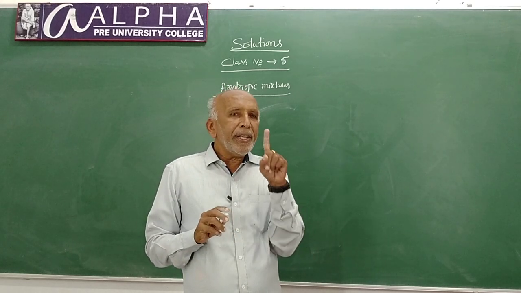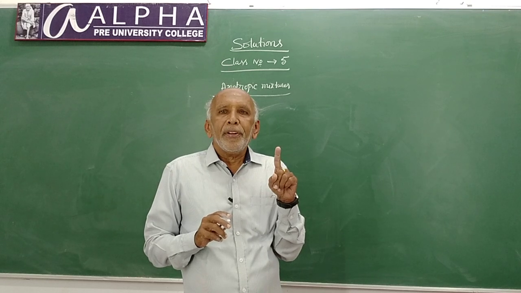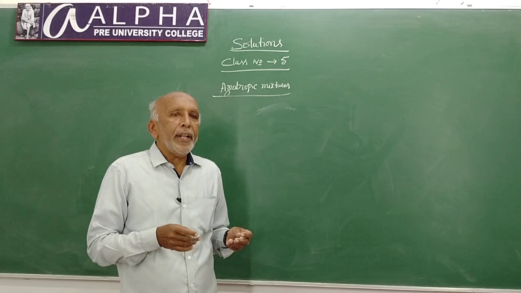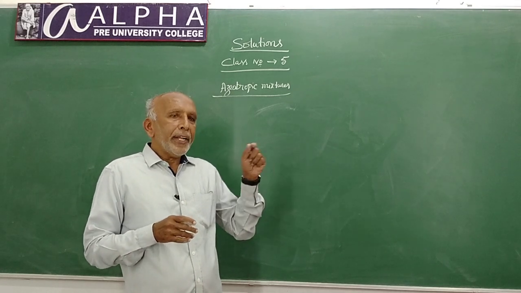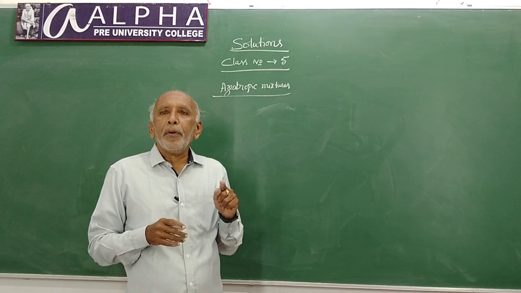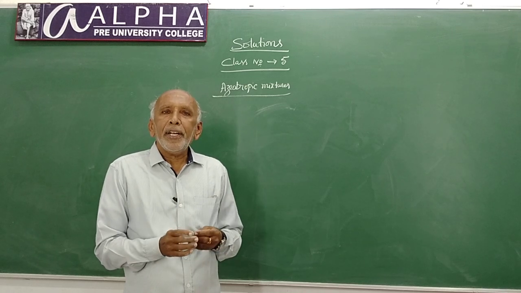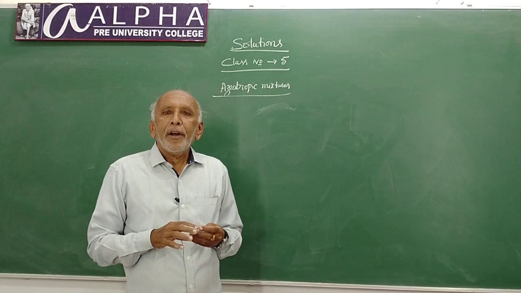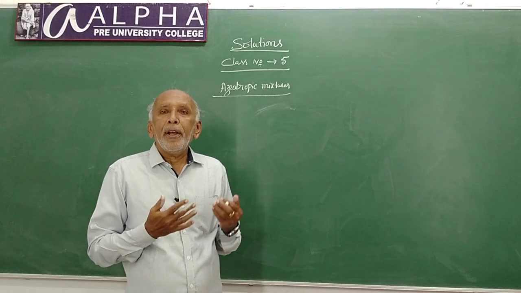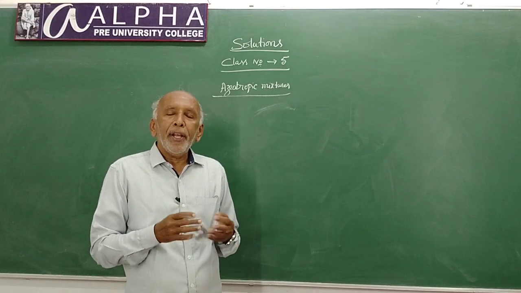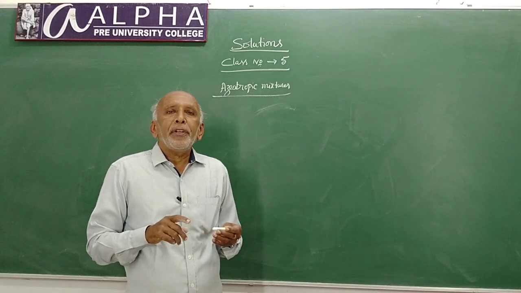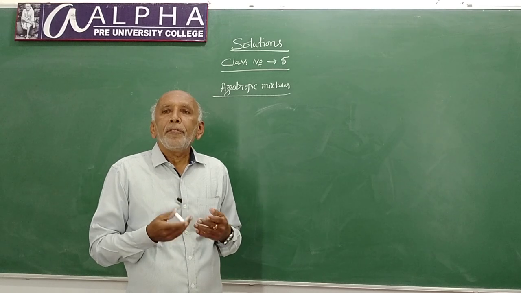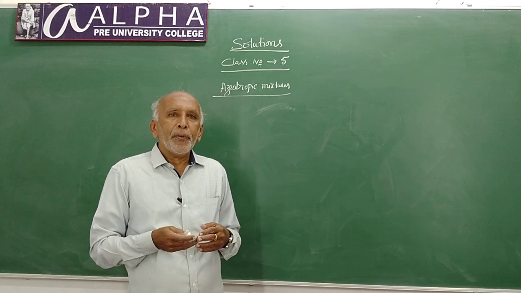See, non-ideal solutions showing negative deviation from Raoult's law are considered as minimum vapor pressure azeotropes, whereas positive deviation non-ideal solutions are known as maximum vapor pressure azeotropes.